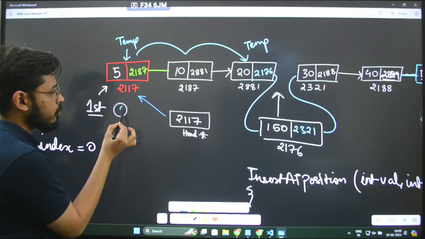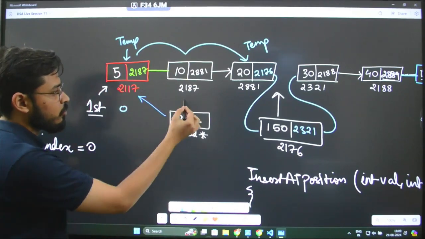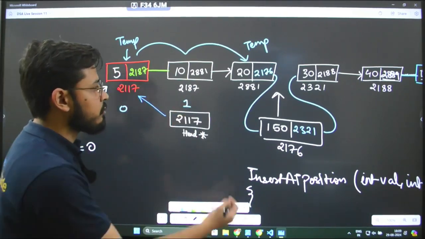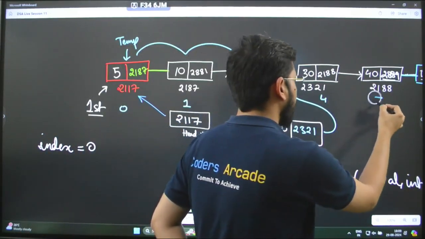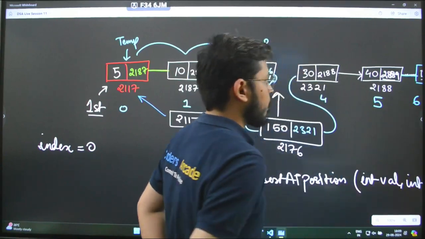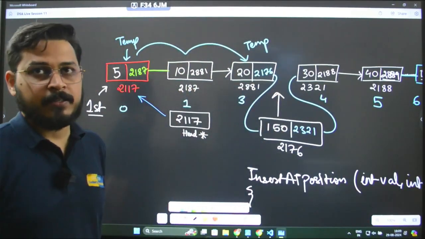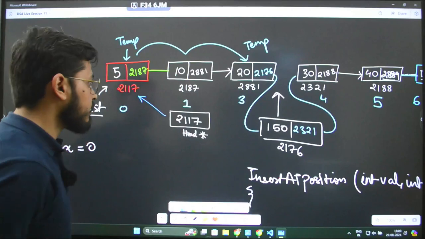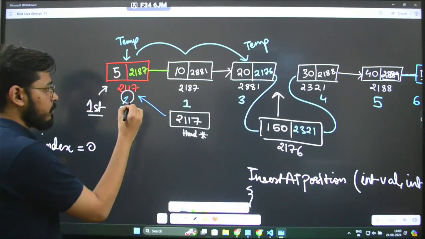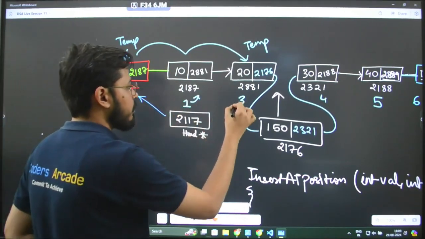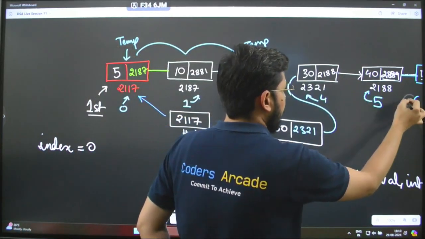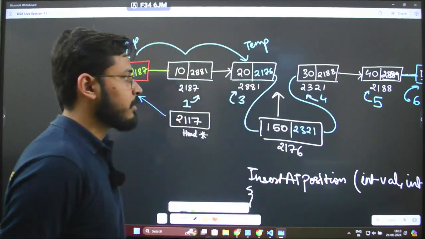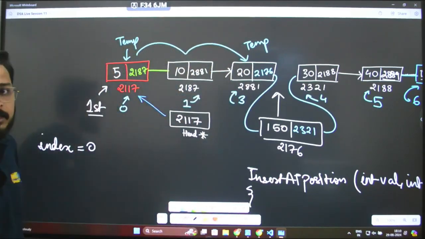Imagine that this is your 0th node, this is your 1st node, this is your 2nd node, this is your 3rd node, this is your 4th node, this is your 5th node, and so on. I have taken the references from 0 because in natural programming, indexes start from 0.